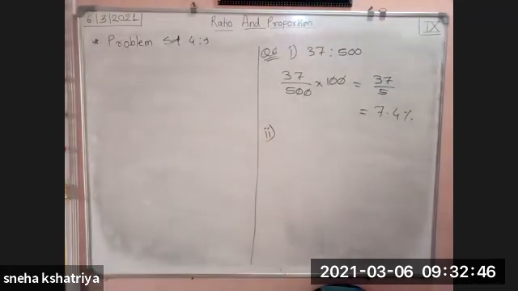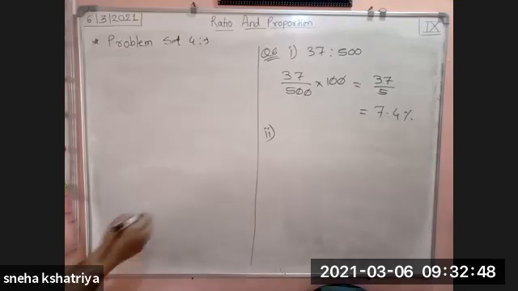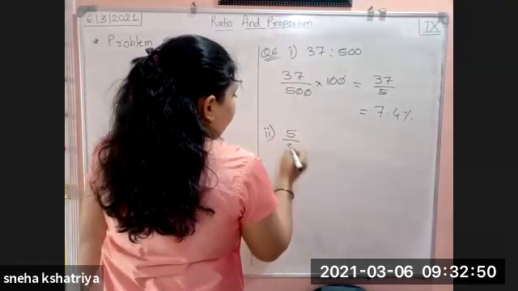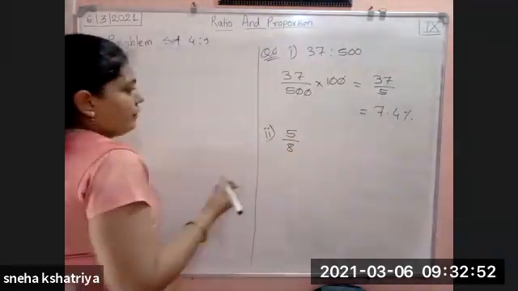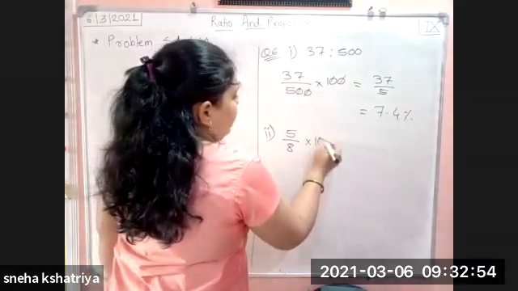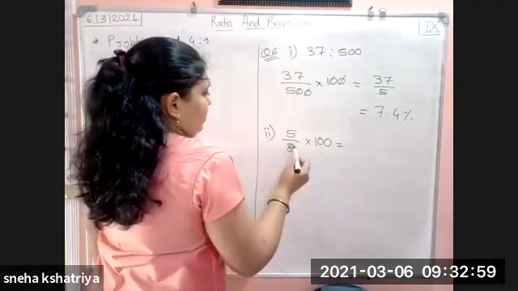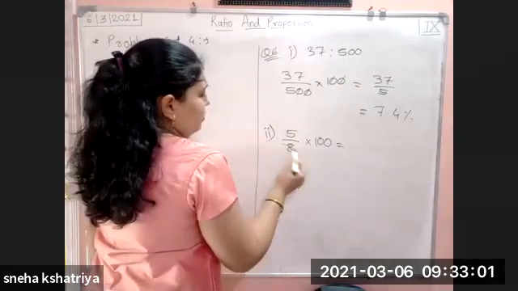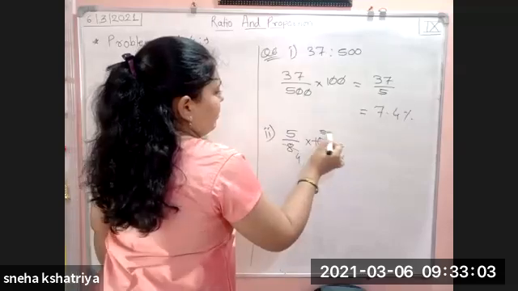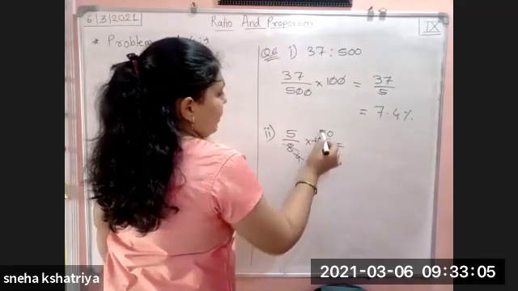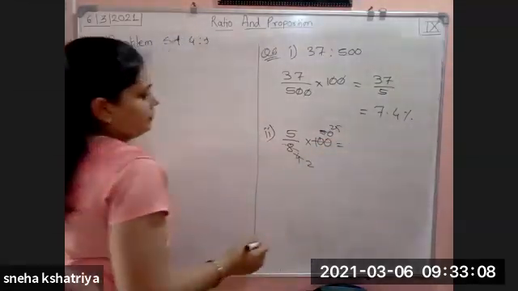Second, 5 upon 8. So directly multiply by 100. Okay, let us divide by 2. This will become 4, this will become 50. This is again 2, this is 25.